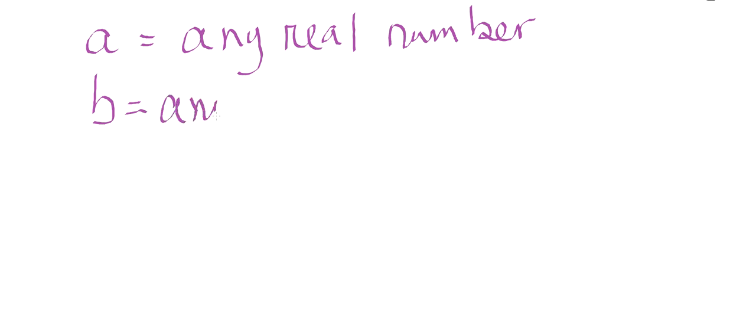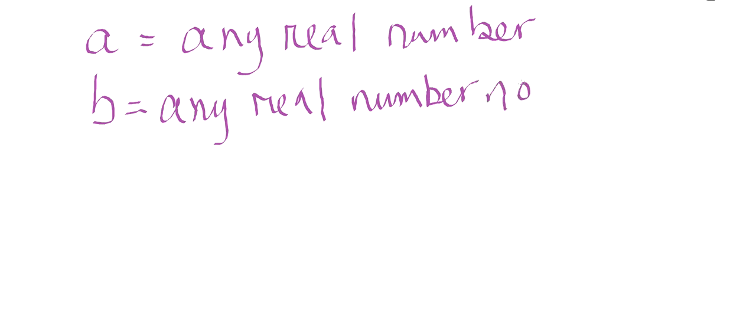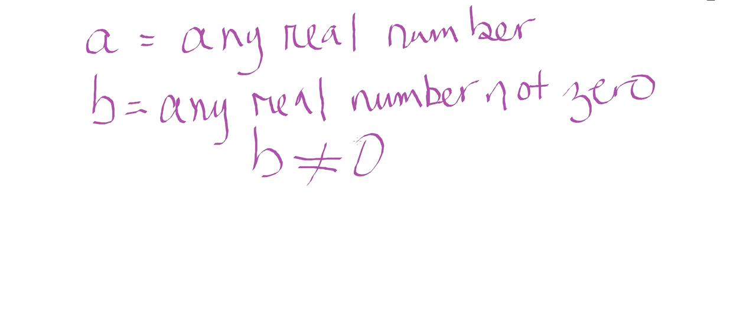So b is any real number except 0. And it can't be 0 because I'm about to talk about fractions. If I have a fraction a over b, it doesn't matter what these two numbers are as long as b is not 0. a could be 0.